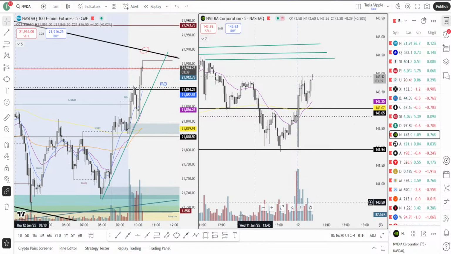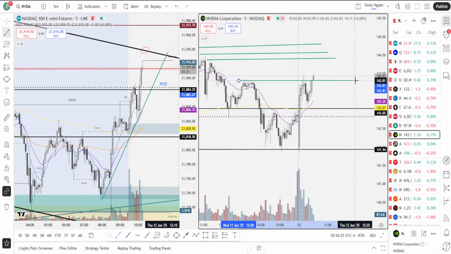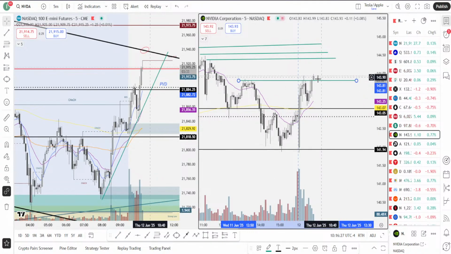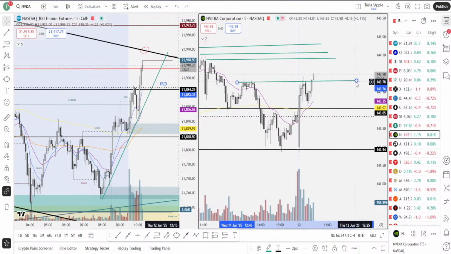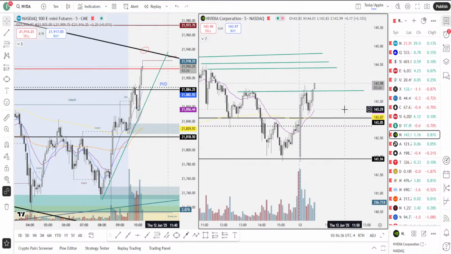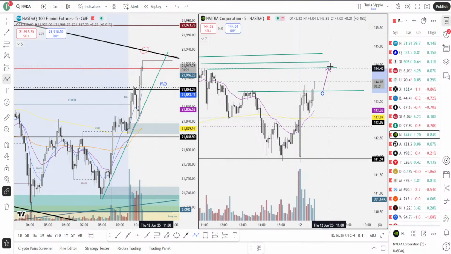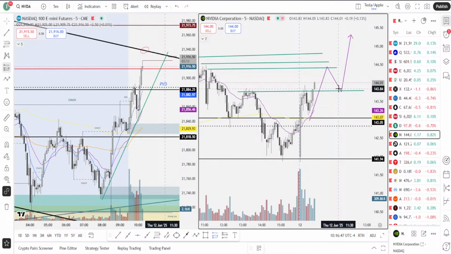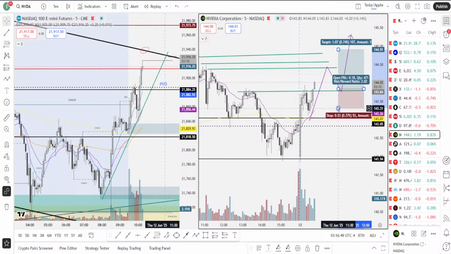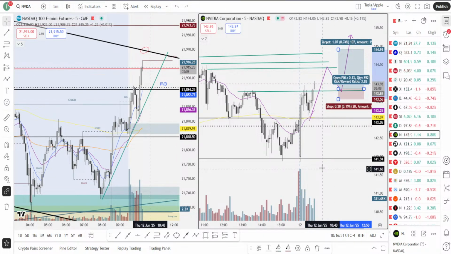The best chance here would be to buy a pullback, if we use this resistance as support. So this resistance here was resistance here as well. When this eventually comes down, used as support, it could give a low entry to go long and then keep your risk nice and tight.